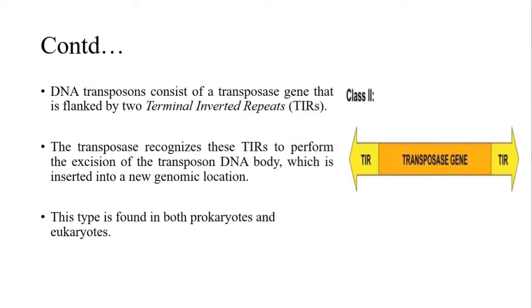DNA transposons consist of a transposase gene that is flanked by two inverted terminal repeats. This is the structure of a DNA transposon, which consists of a single transposase gene in the middle, flanked by two inverted terminal repeats. The transposase gene produces the transposase protein, and this protein recognizes the terminal inverted repeat structure to excise the transposon DNA body, which is inserted into a new genomic location.